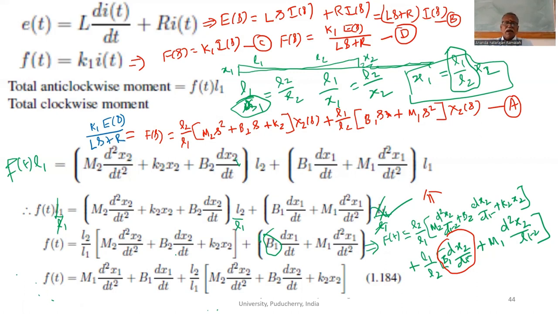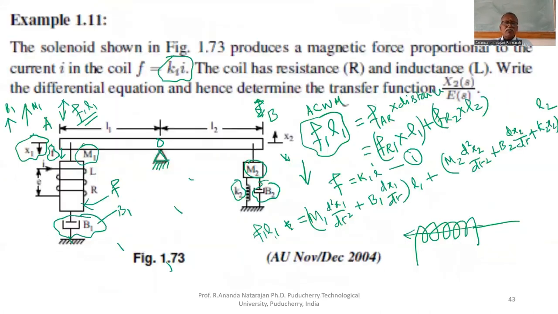So find x2 of s upon E of s, because E of s is the input. You see the diagram. What is the input here? Input to the system is E of s. The output is x2. X2 is the output. That's why the Laplace transform of output upon Laplace transform of input, that we have to find.